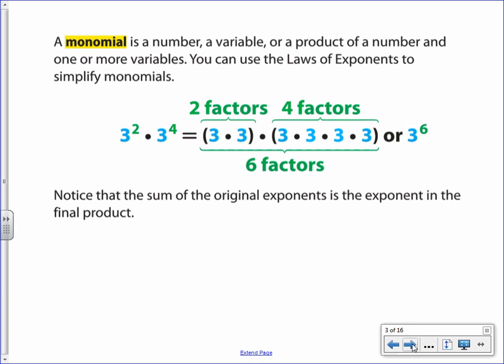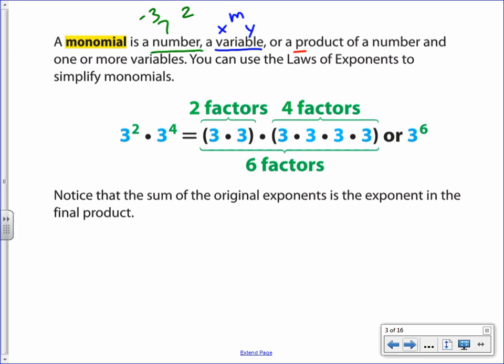Monomial. Mono. You should know what mono means: 1. A monomial is a number, a variable, or a product of a number and one or more variables. You can use the laws of exponents to simplify monomials. So a monomial can be a number: 7, 2, -3. A variable: x, y, m.